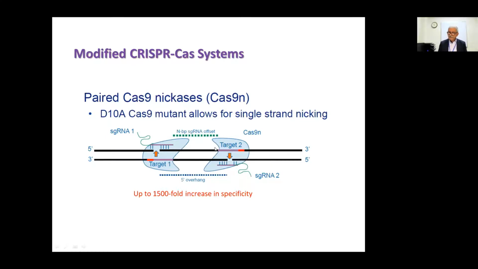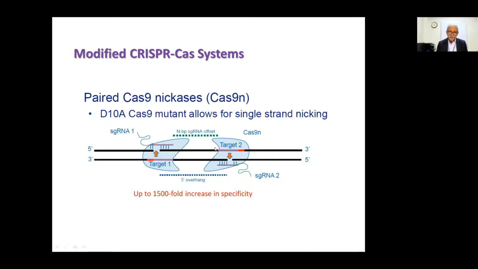When you have cohesive ends which are complementary to each other, it makes homologous recombination the method of choice. It facilitates homologous recombination. If you generate blunt ends or ends which are not compatible, then you introduce mutations in the genome, which is not desirable.